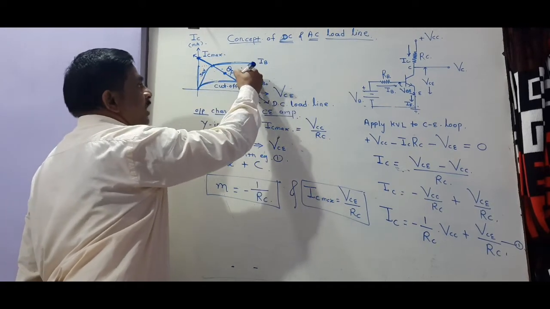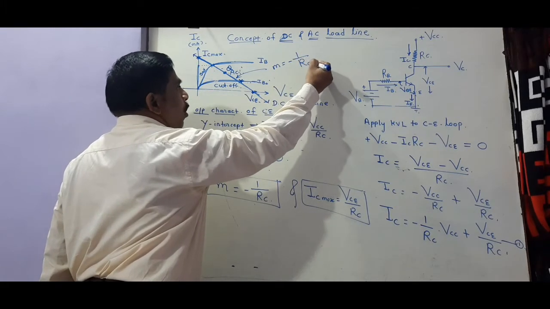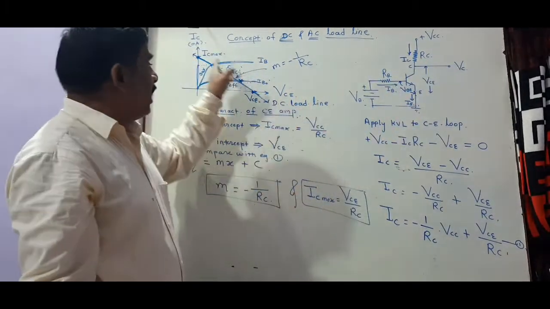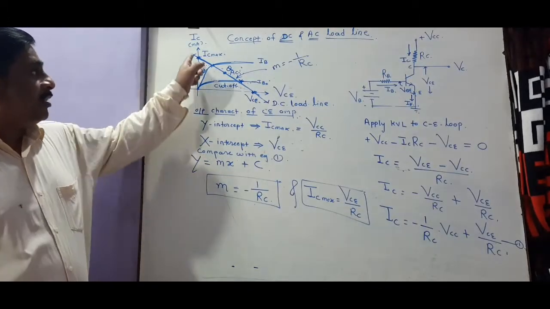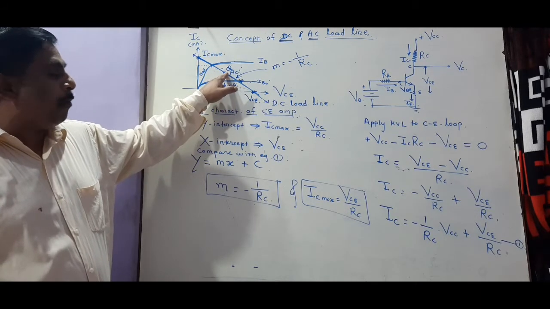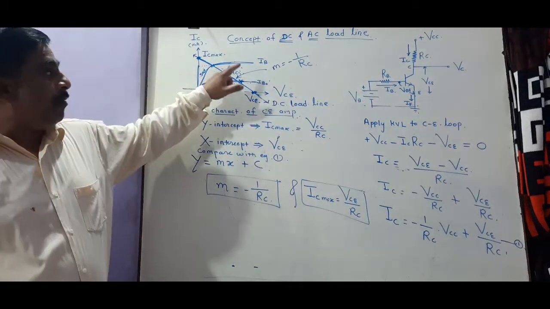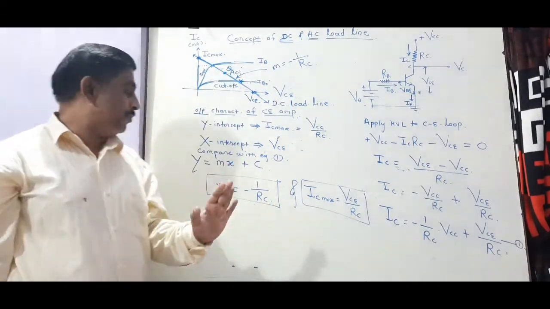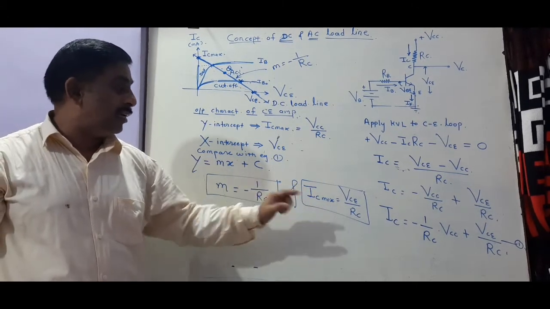The slope depends upon the output collector resistance RC. Being a straight line, the DC load line passes through the Q point, the operating point of the transistor. So m is equal to minus 1 upon RC, and IC max is equal to VCC upon RC.